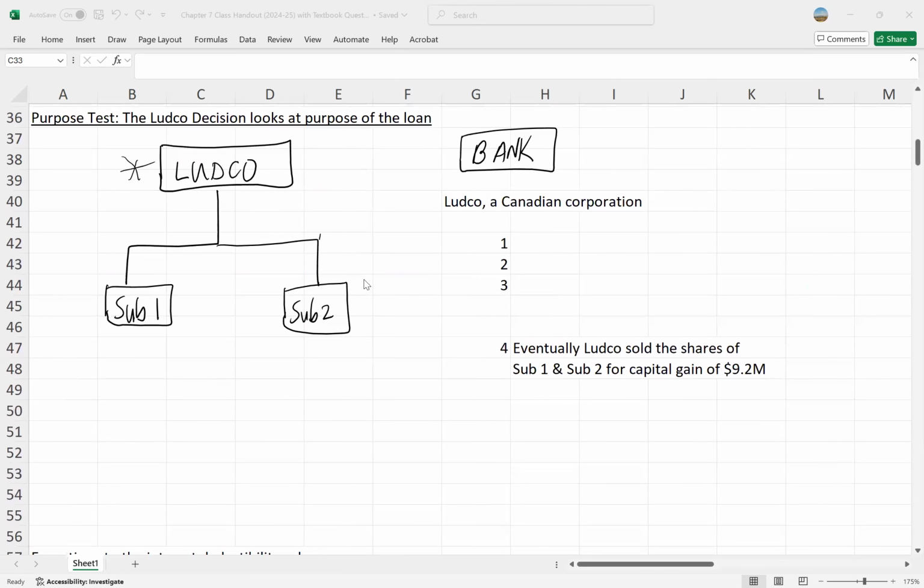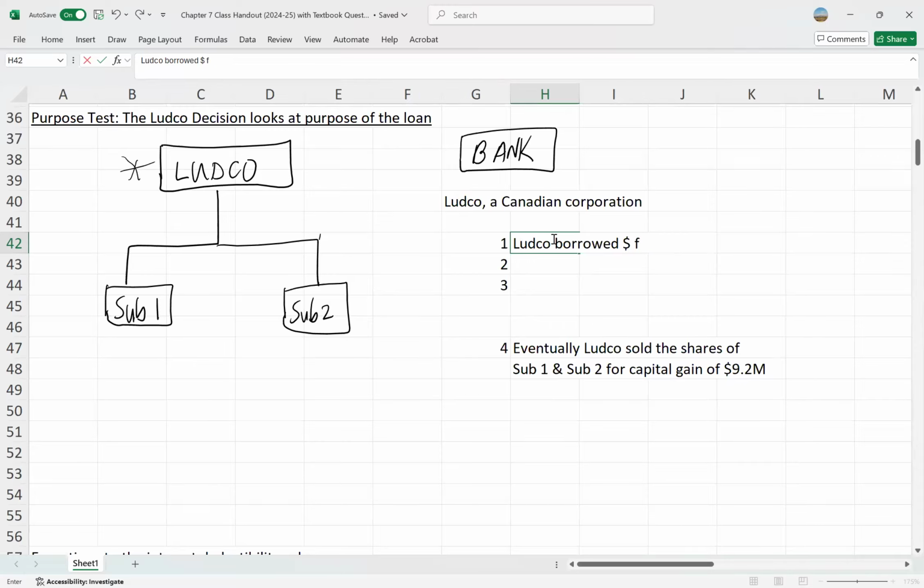Lutco was a Canadian company. What Lutco did, step number one, they borrowed money from the bank to invest in 2 subsidiaries. We'll leave that as step number one.